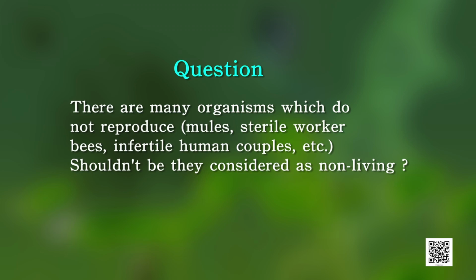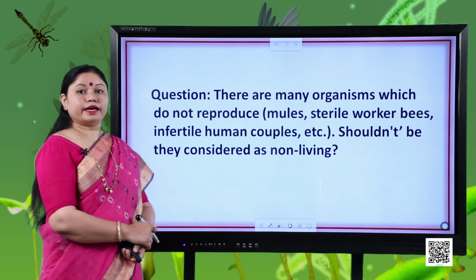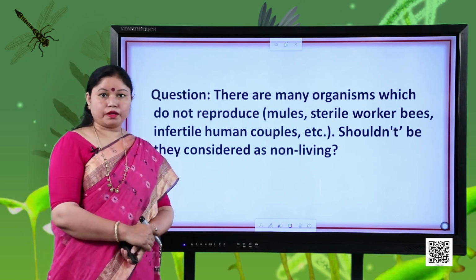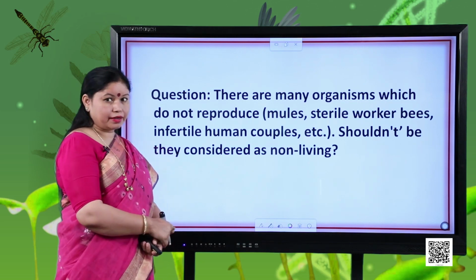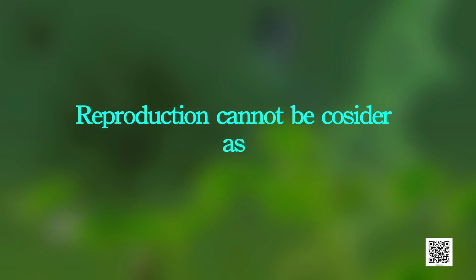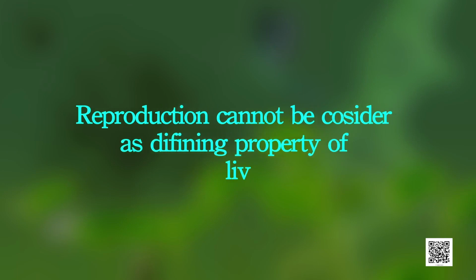And even infertile human couples are never able to produce their progeny. So what is it? Are they non-living? Shouldn't they be considered non-living? No, they are living. What does that mean? That reproduction cannot be considered a defining property of living organisms, right?